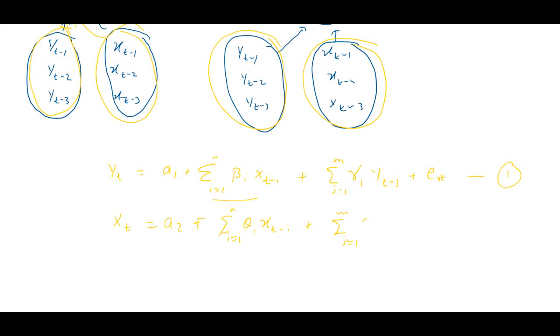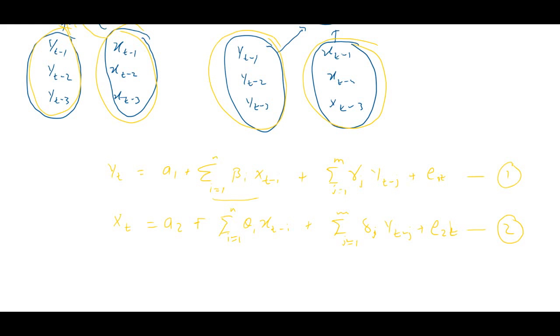Gamma has been taken, so let's take sigma j. So this is sigma j yt minus j, plus e2, our second error term, and we have the time t factor. So this is basically our equation number 2.